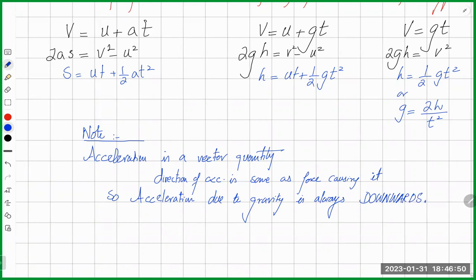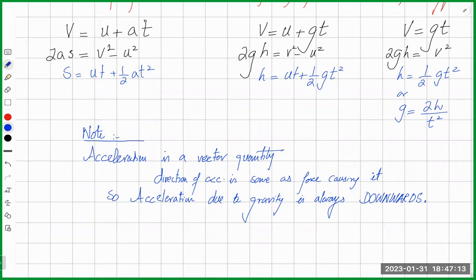And this is very important. Some students say that the acceleration due to gravity is positive or negative. It is neither positive nor negative. It is downwards. Now it depends. In some cases, we consider down as positive. Then acceleration due to gravity in that case will be positive. In some cases, we consider downward as negative. Then acceleration due to gravity will be negative.